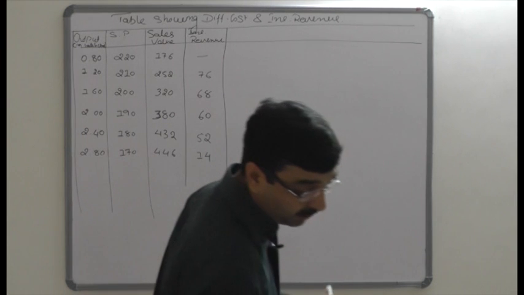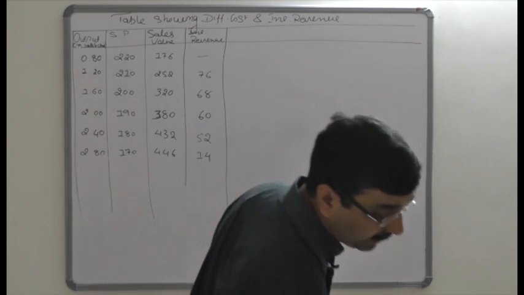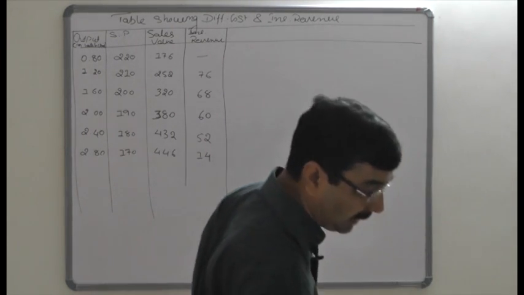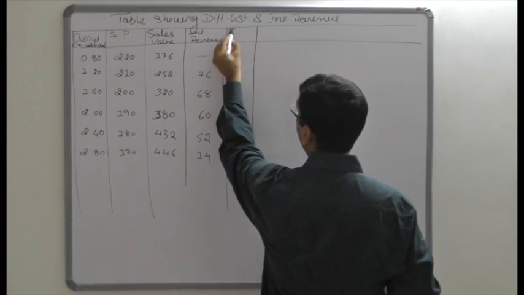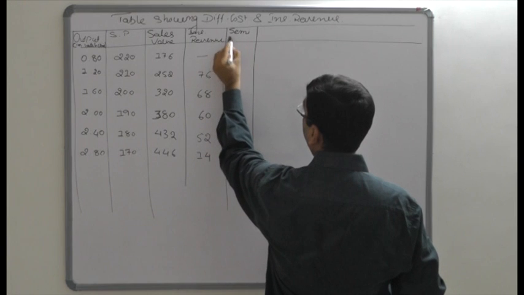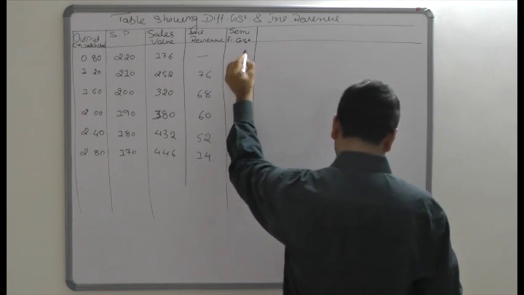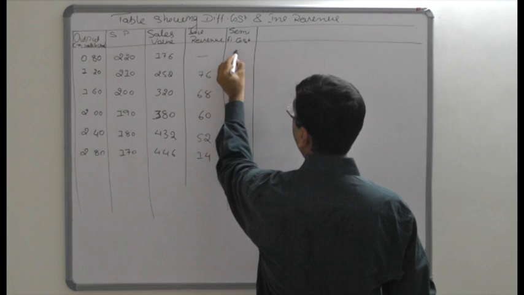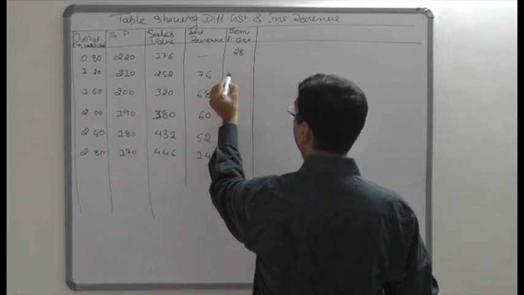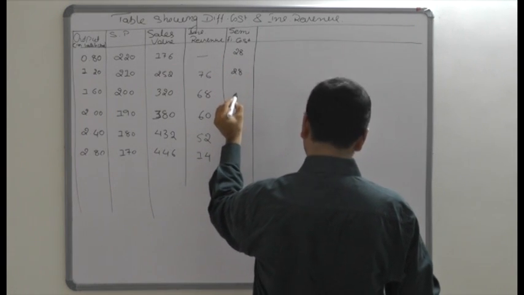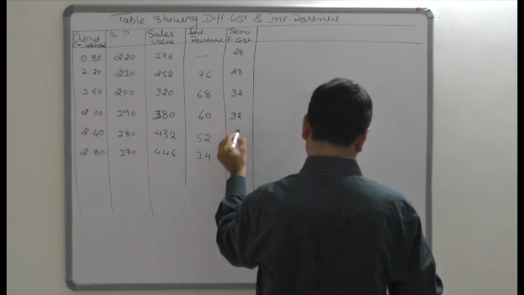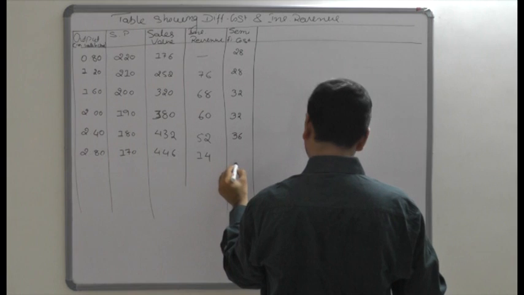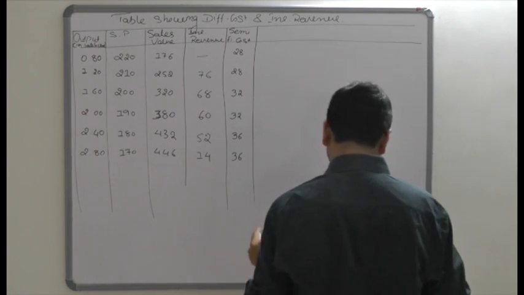Now after you find the incremental revenue, the next item is semi-fixed cost, and these three items are already given in the question. The semi-fixed cost is 28 for the first output, 28 for the second, then 32 for the third, 32 for the next, 36 for the next, and the last is also 36.